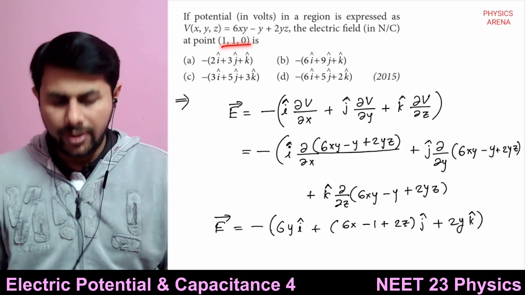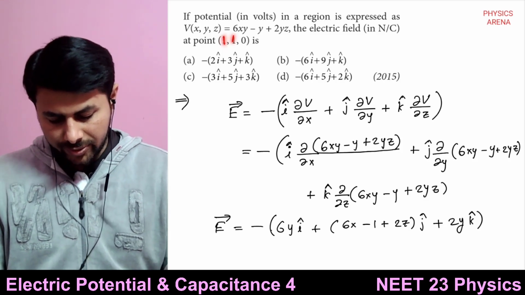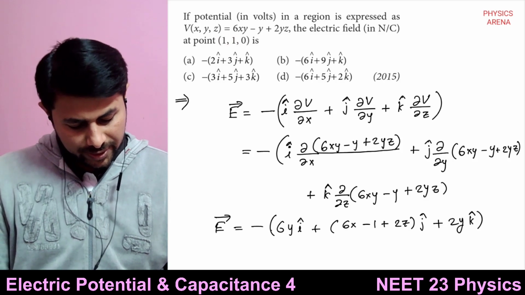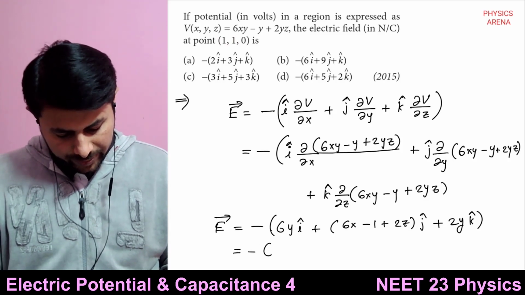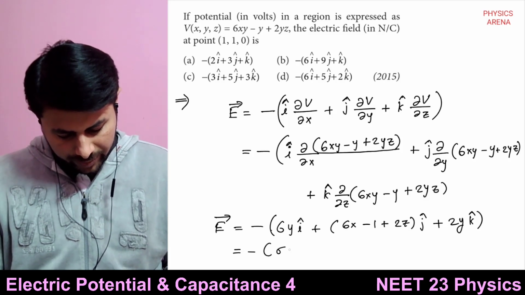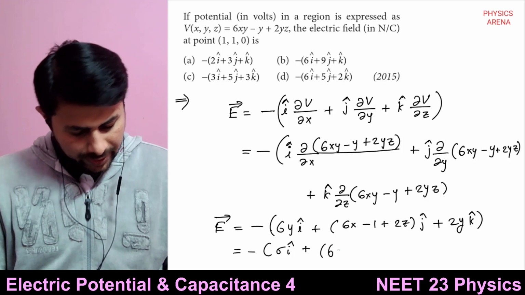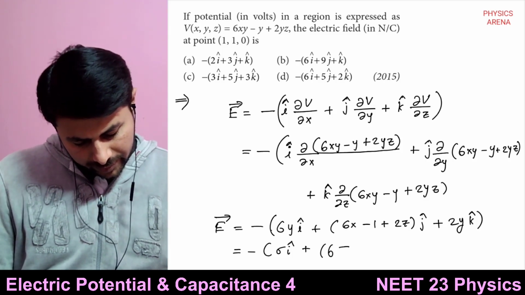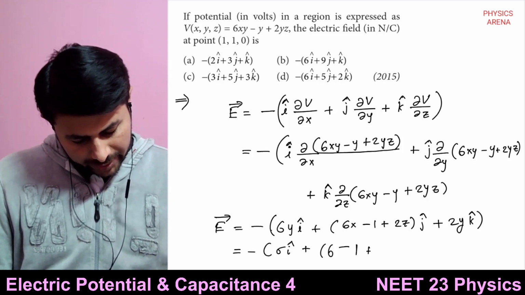Okay, you want to find out the electric field at this point. So just substitute this point: x is 1, y is 1, and z is 0. So x is 1, so it is minus of 6 times i, plus here you have 6 minus 1, plus 2z.